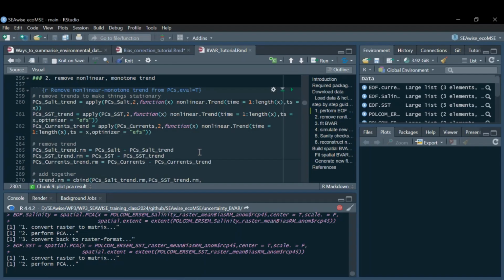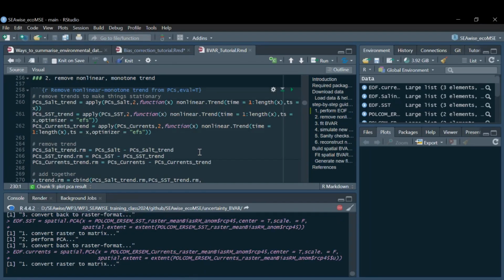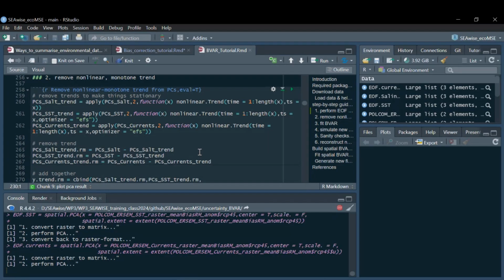Because with the BVAR, we don't want to model the trend really, but we want to model the variability in the environment, so really the stochastic process that's behind it. Therefore, we get rid of the trend first, and then only model the stochasticity with our BVAR approach.